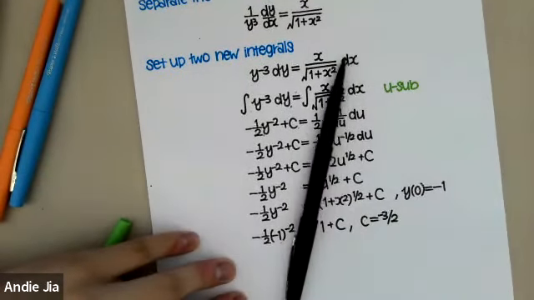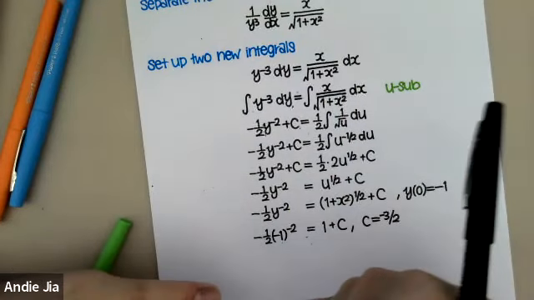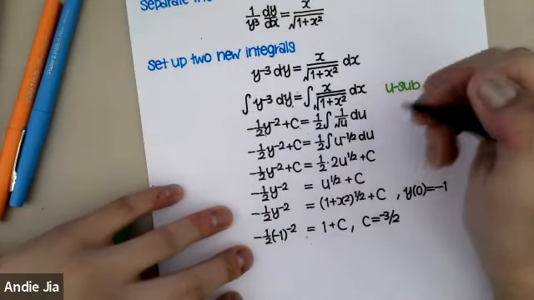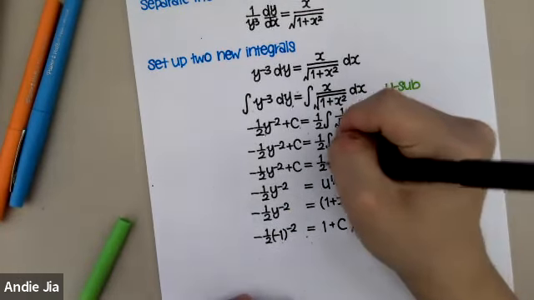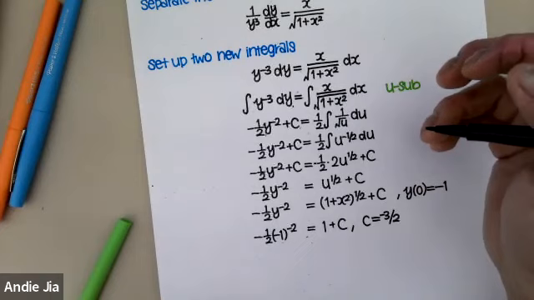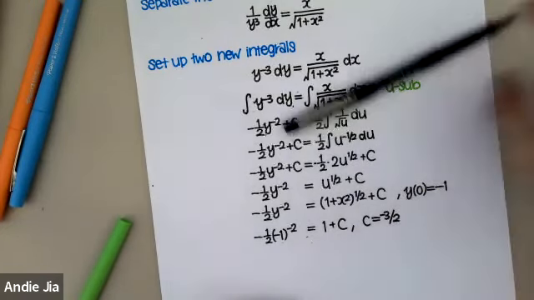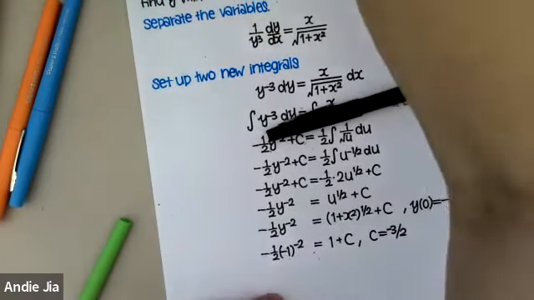And then we have, I think it's going to be negative 2. Is it going to be like a negative 2u?